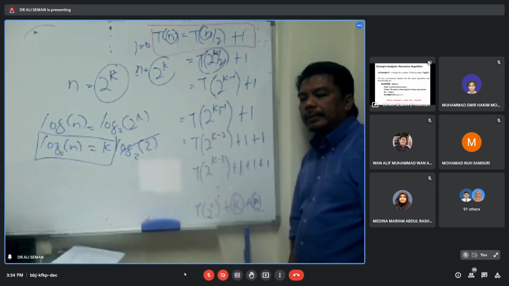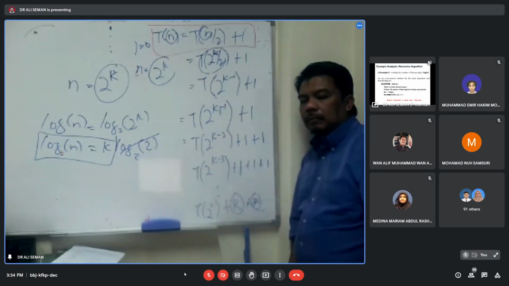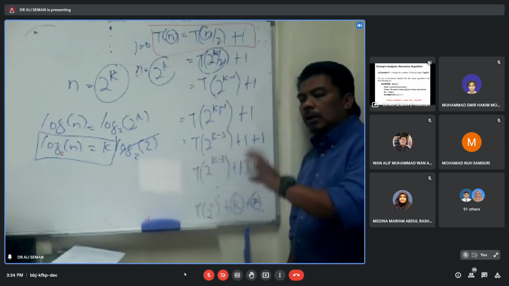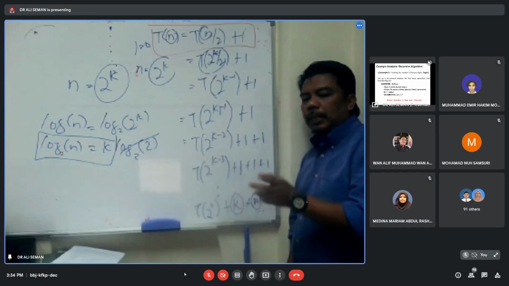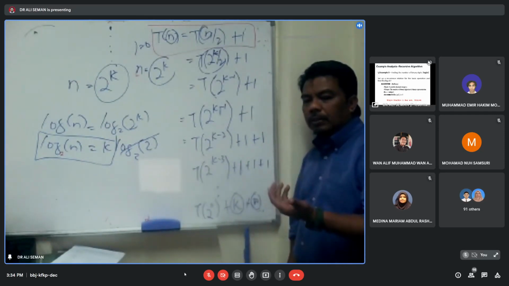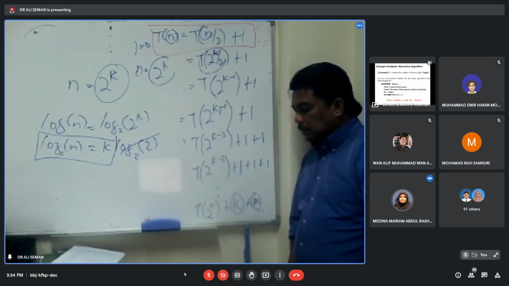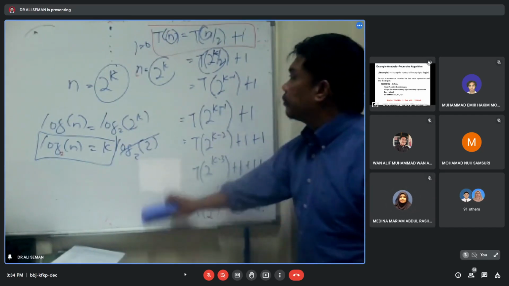We use the log because we are estimating. So the pattern is actually log based on log. Whether log 2 or log 10, it doesn't matter. But normally we use binary log 2 because computer science uses binary representation, binary code. Okay, clear? Any other questions?